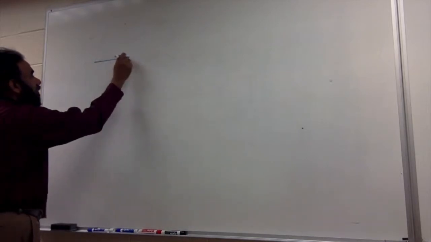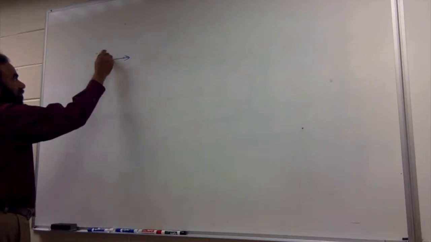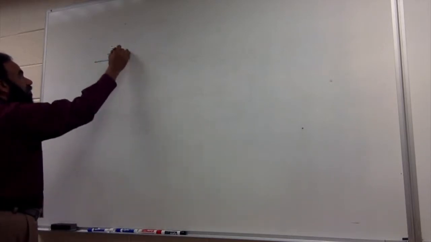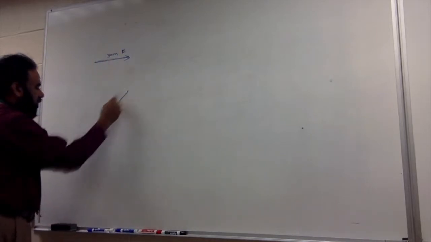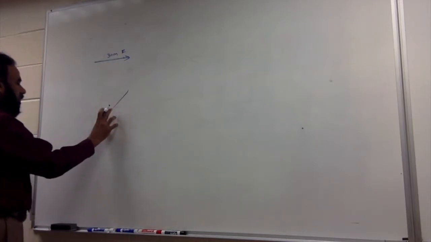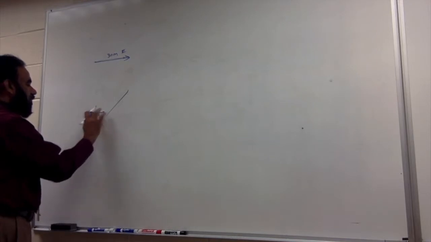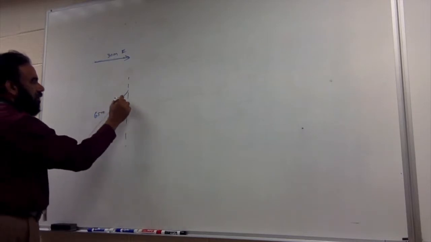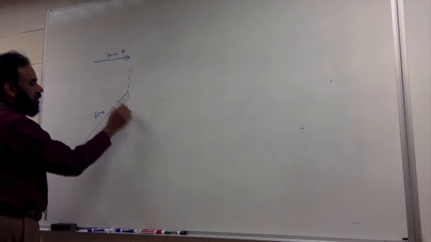Here is one vector. 30 meters east. There's another vector here. 65 meters at an angle of 50 degrees.